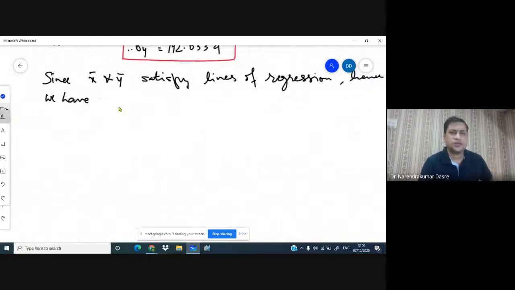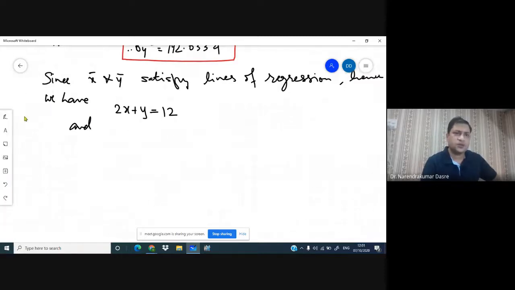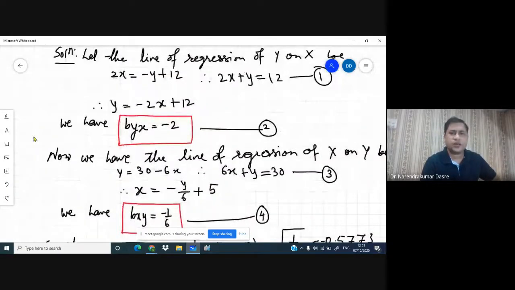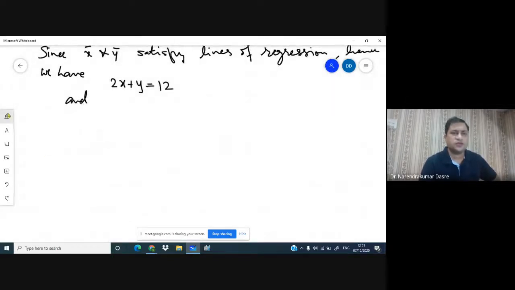And the next is 6x plus y is equal to 30.